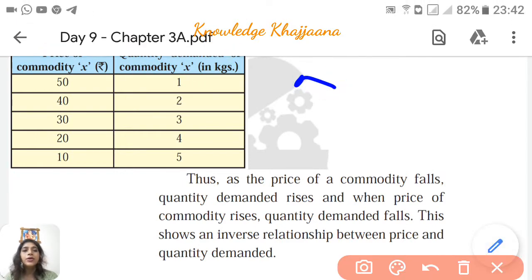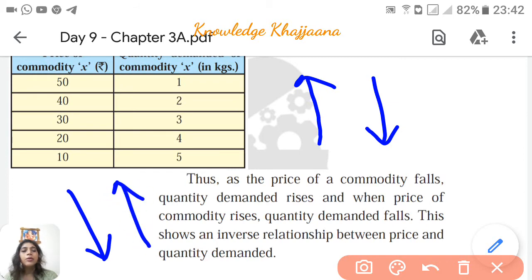See, inverse: increase in the price, decrease in the demand. Decrease in the price, increase in the demand. Both the arrows are running in opposite directions to each other. That's why it is called an inverse relationship. Inverse means both are not running in the same direction.